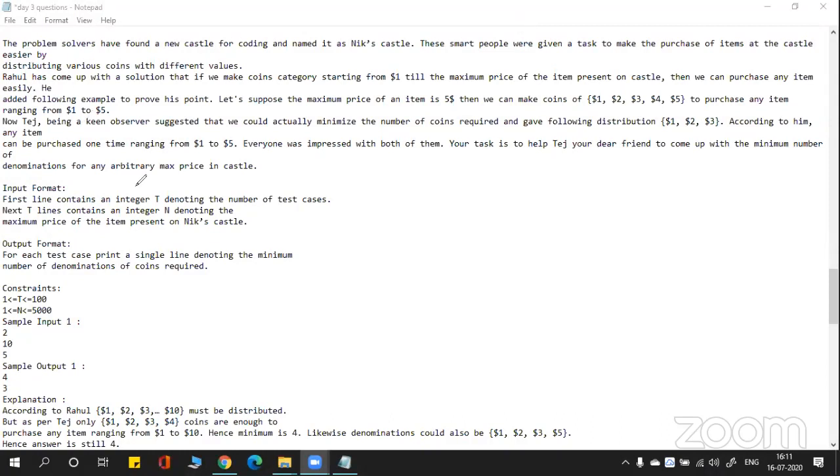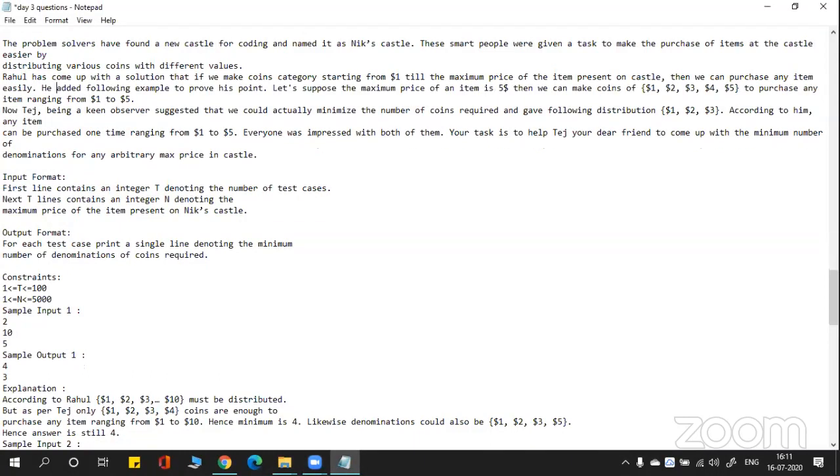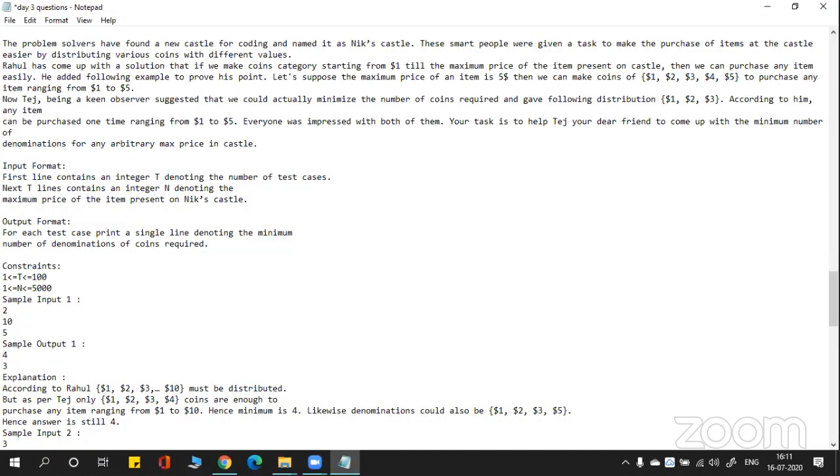Coins question, fine. Rahul has come up with a solution that if we make coin categories starting from 1 till the maximum price of an item present in the castle, then we can purchase any item easily.